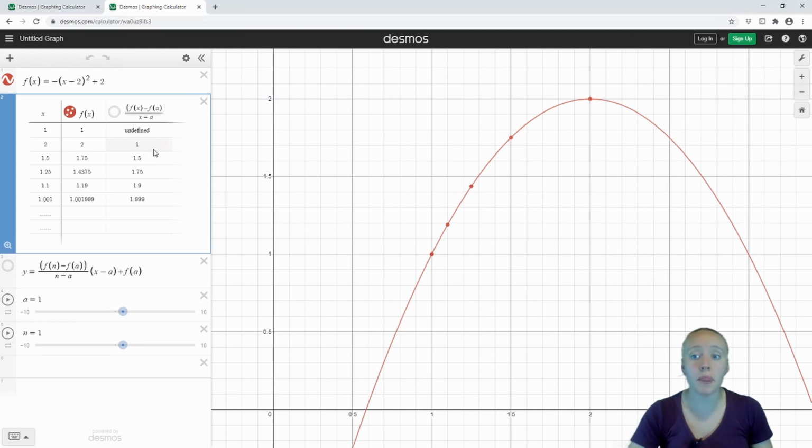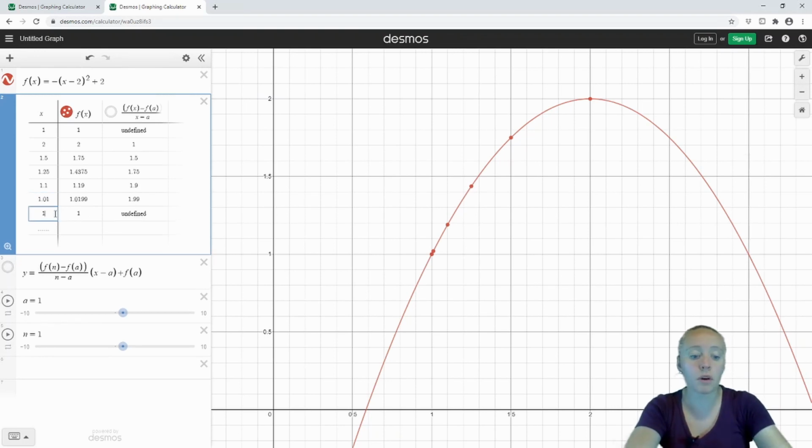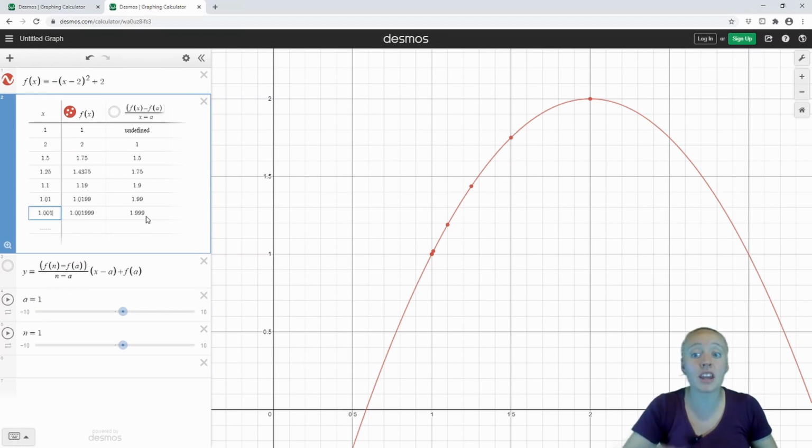We got 1, then 1.5, and then I rounded, so I got something close to 1.75, 1.19, we got 1.9, then let's do 1.01, that's 1.99, 1.001, you can see that's 1.999. We're getting closer and closer to what value for our slope. For this slope column, we're getting closer and closer to the value of 2.